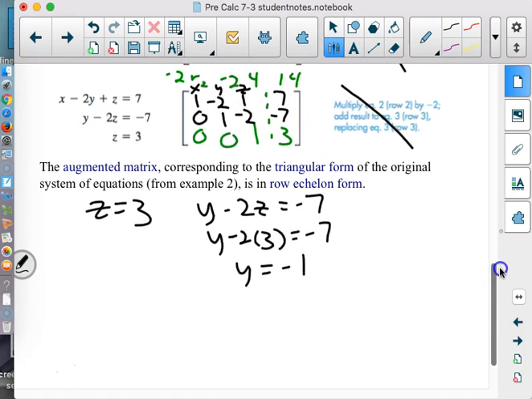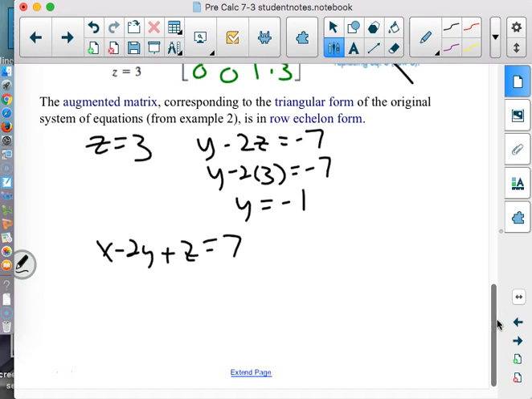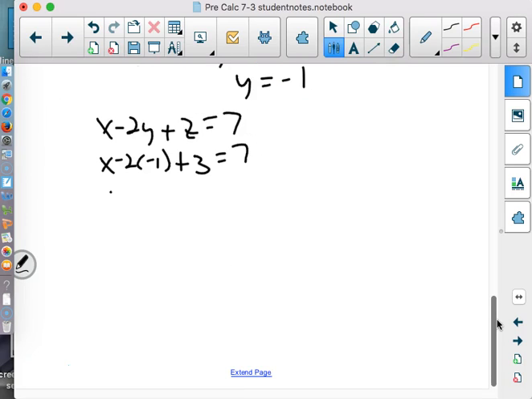And let's go back to our top equation in row echelon form. Again, it's always x, y, z. Occasionally you get a double where you have 4 variables. Plug in what we already know. And find x. And then we can write our ordered triple.